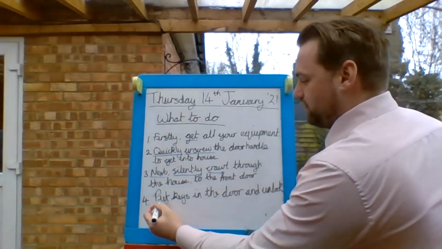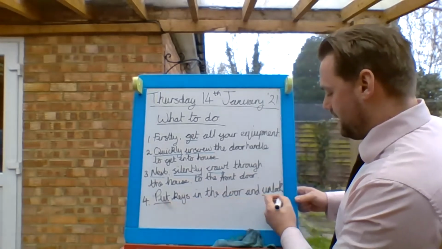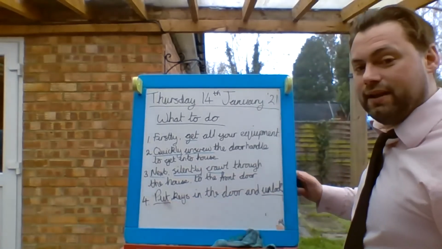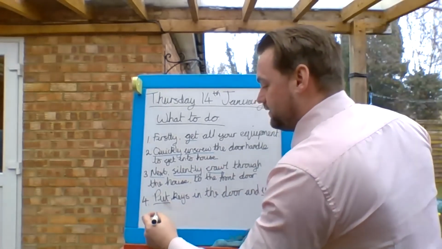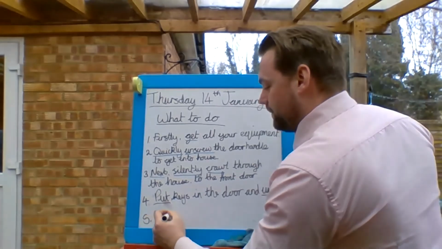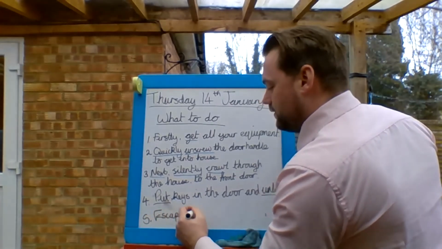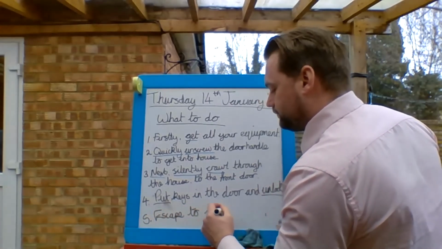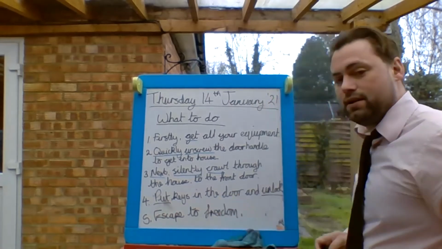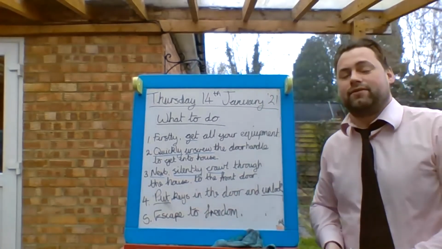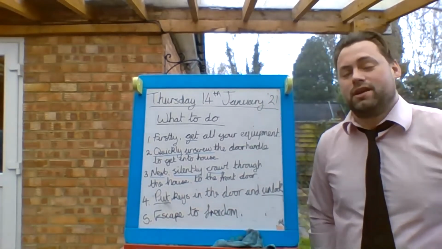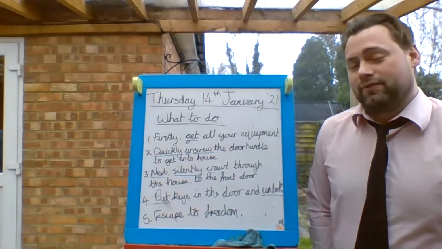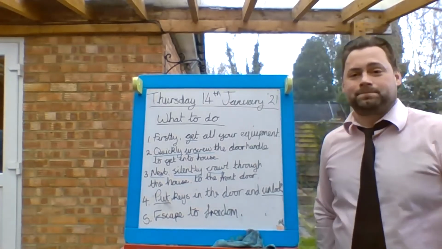And again here I've got imperative verbs and imperative verb there as well at the end. And number 5, escape to freedom. So you can pause the video now and you can have a look at what I've done here, and you can copy it down, or if you want to add your own ideas, you can.